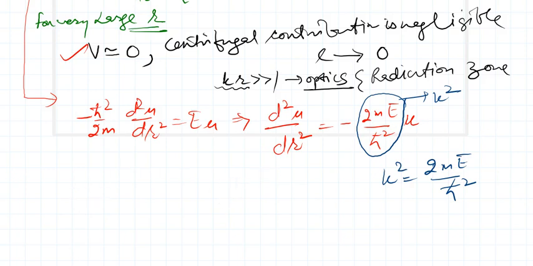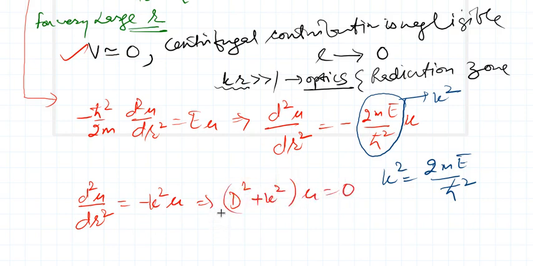So it is d square u over dr square must be equal to minus k square u. So you can solve this equation. It is (d square plus k square) u equal to 0. So what are the possible values of d from here? d square is equal to minus k square, and you can say that d is equal to plus minus iota k.